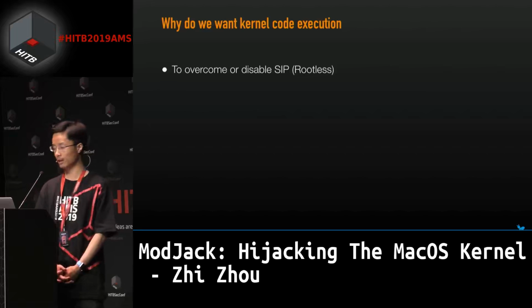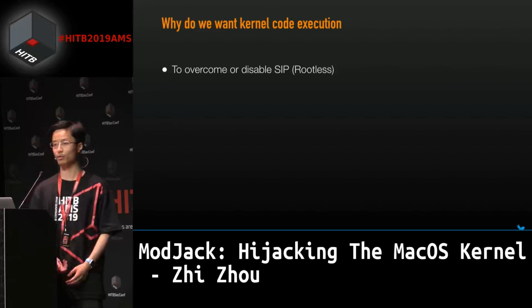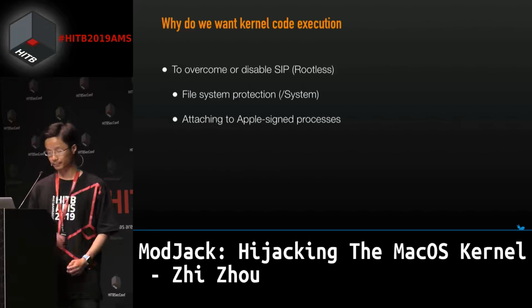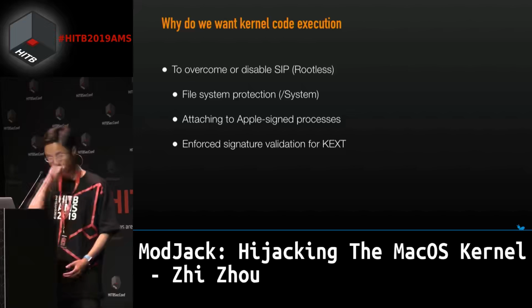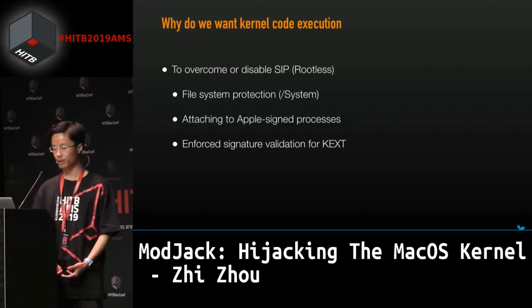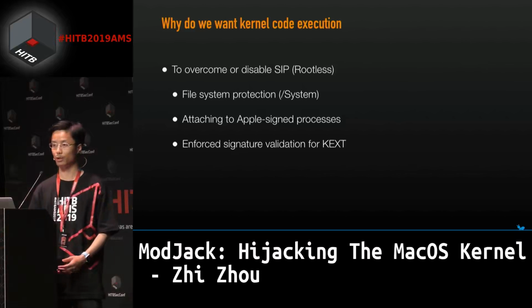KEXTs are enforced too: if you turn on rootless, the KEXT must be signed with certificates issued by Apple, which means you cannot just write your own KEXT and load it into the system. It will be blocked.